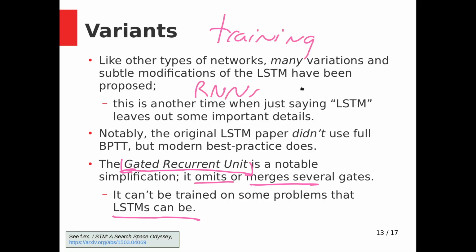RNNs and LSTMs, right, actually have the same theoretical compute power, right? For any problem an LSTM can solve, there exists a normal vanilla RNN that can solve it. It's just that RNNs can't practically be trained on many, many problems that LSTMs can easily be trained on.